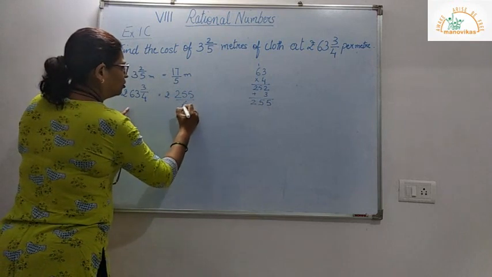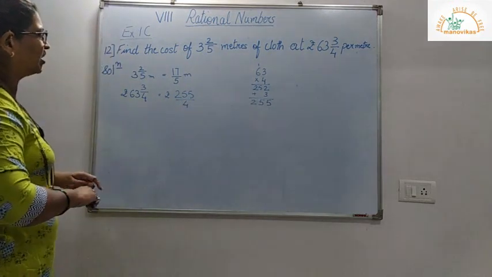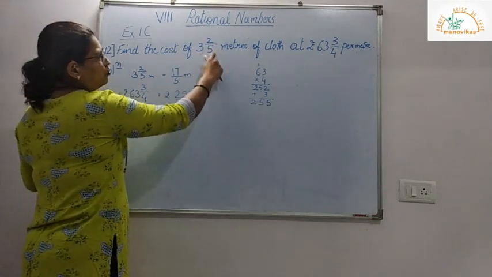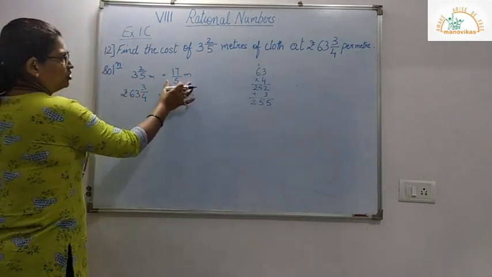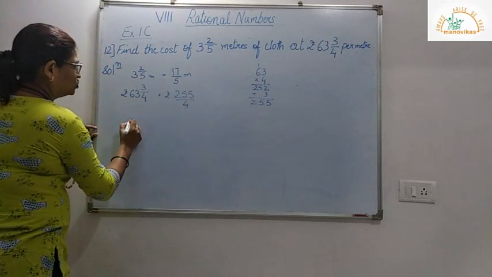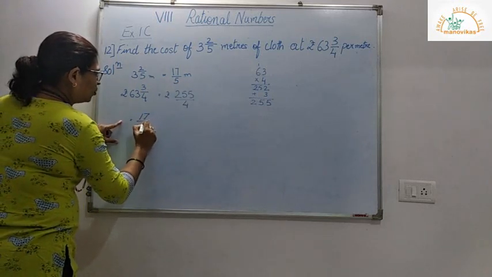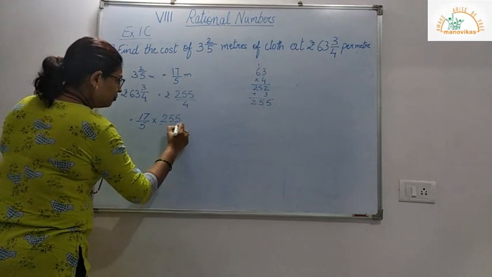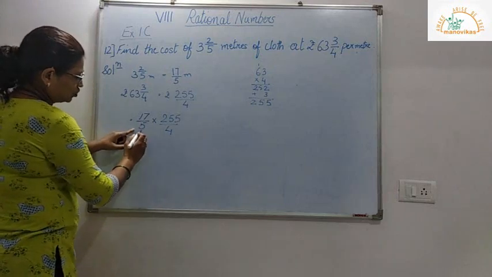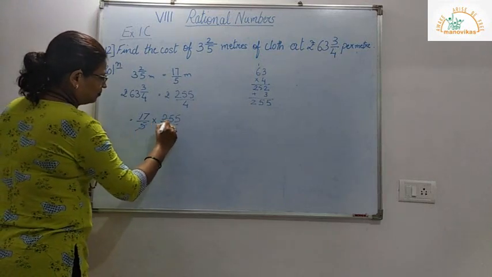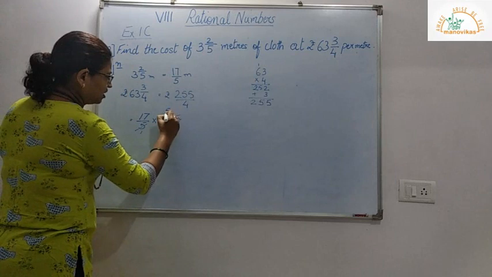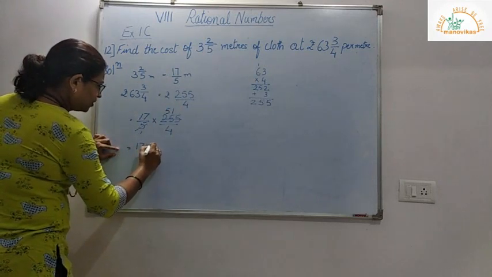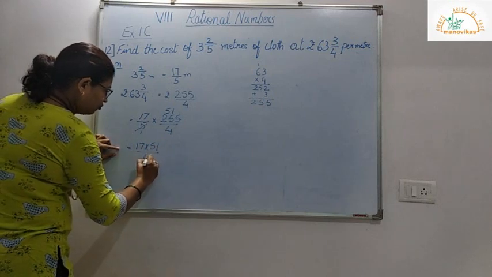So it comes to rupees 255 upon 4. So now let us find out how much the total cost will be for 3 2/5 meter of cloth. So my 3 2/5 meter is equal to 17 upon 5 into 255 upon 4. So you can cancel here, 5 ones are 5. So I get here 17 into 51 divided by 4.